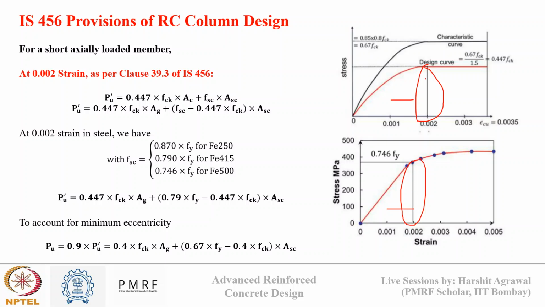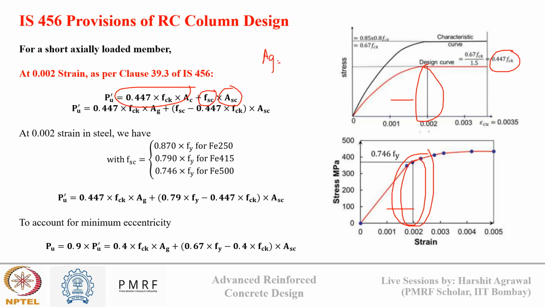So what is the resistance that is provided by concrete? It is 0.447 fck times area of concrete. And what is the resistance provided by steel? It will be the stress corresponding to the strain value, fsc, times the area of steel reinforcement.